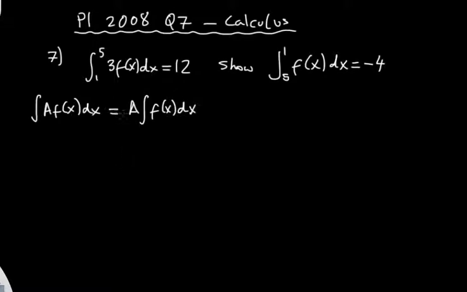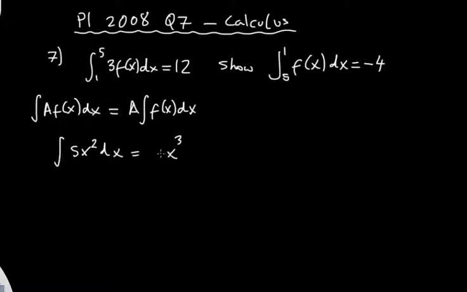In other words, the constant you can take out of the integral. An example is this: if I have the integral of 5x to the power of 2 dx, well, the power goes up to the 3, as you know, and then I differentiate to see what I would get.